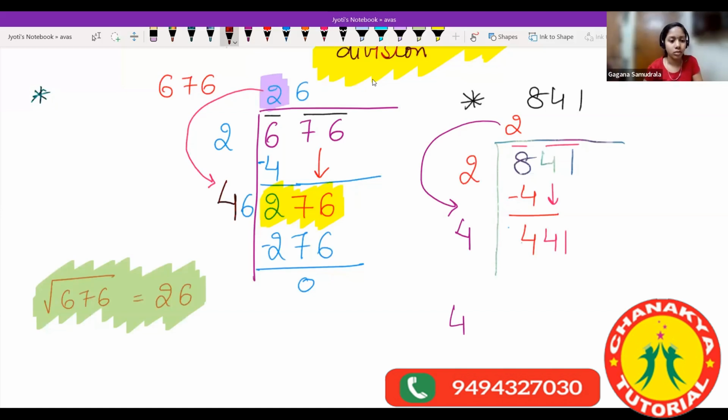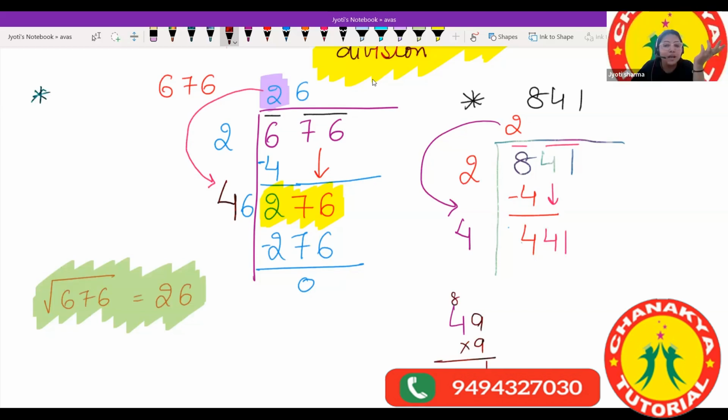Either 1 or 9. This sorted out your problem. You just check 41 into 1 or check 49 into 9. 9 nines are 81. 9 fours are 36 plus 8, 44. So here you got it easy. So you will write 49 into 9. So what's the square root of 841? 29.